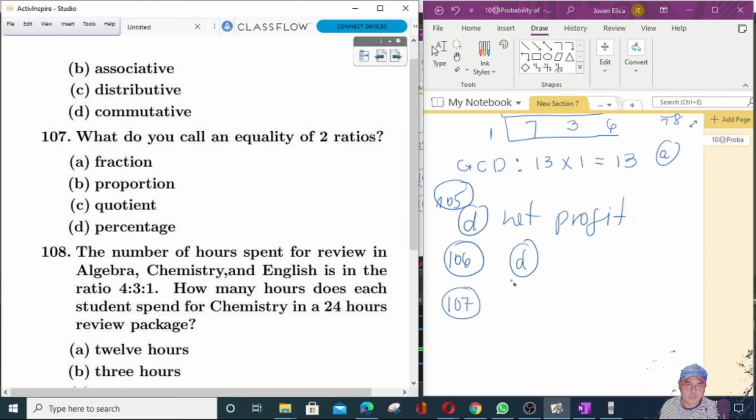The answer is letter B. This is a proportion. That's why we have ratio and proportion. The equality means they are proportional. The equality of two ratios is called proportion.